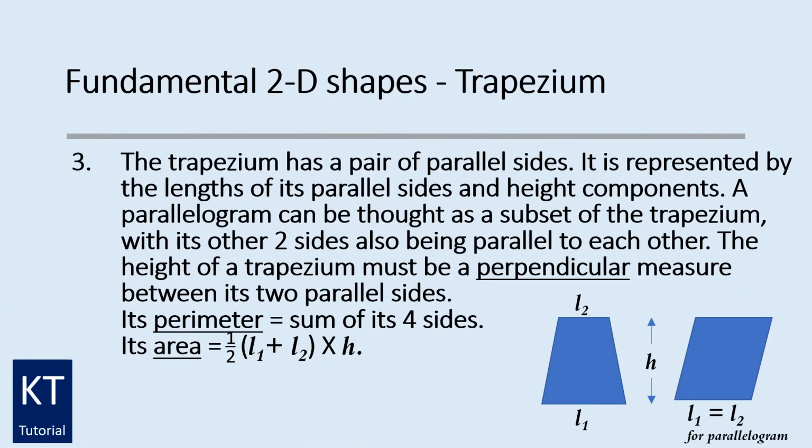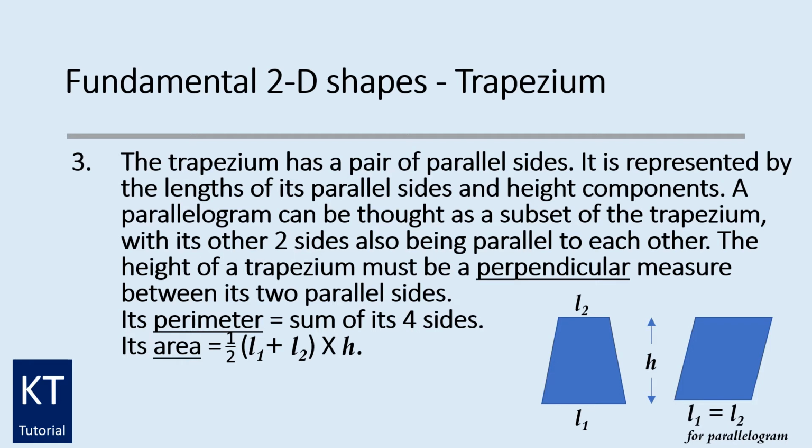The third fundamental 2D shape I want to talk about is the trapezium. The trapezium has a pair of parallel sides. It is represented by the length of its parallel sides and height components. A parallelogram can be thought of as a subset of the trapezium, with its other two sides being parallel to each other.